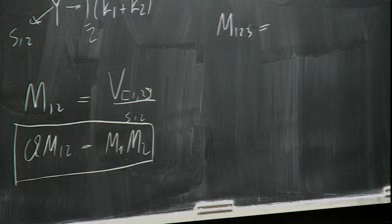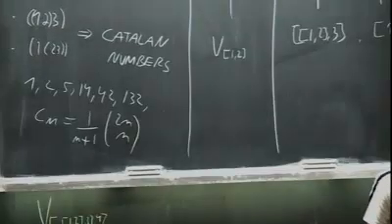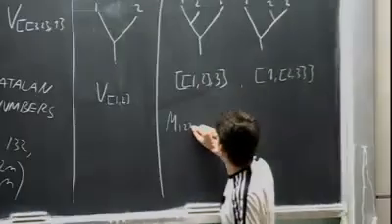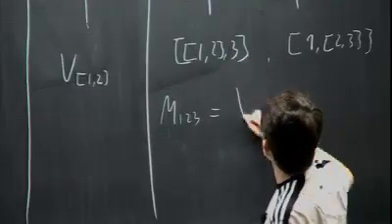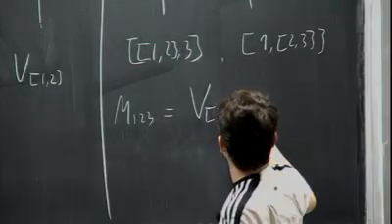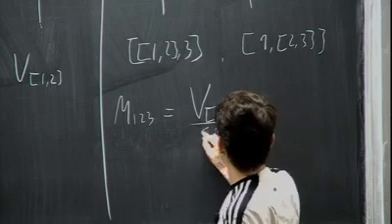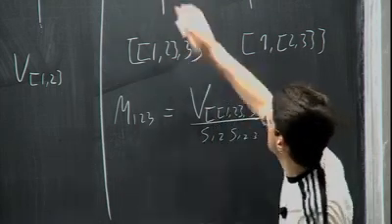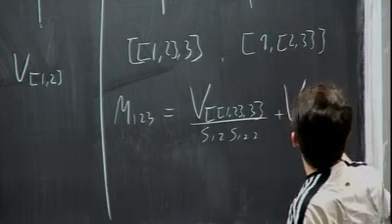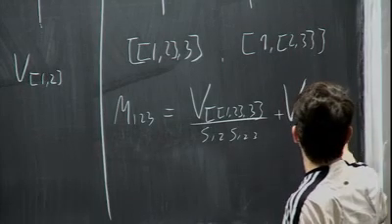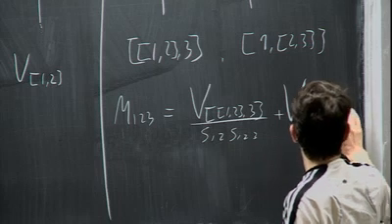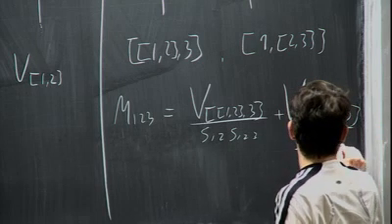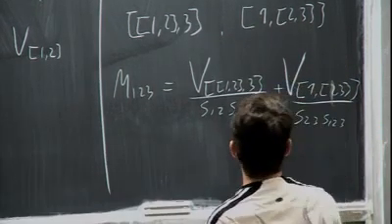So let's see what happens with the next order, this one here. Let's write it here. So M123 becomes V123 over S12 S123, S12 is there, and S123 is that vertex, plus V123 over S23 S123, right?